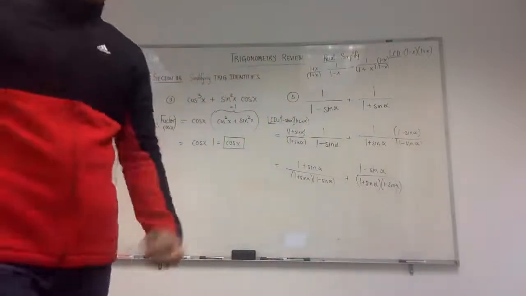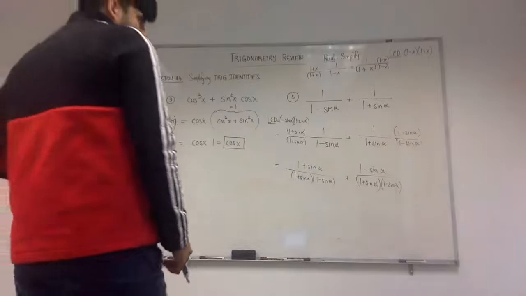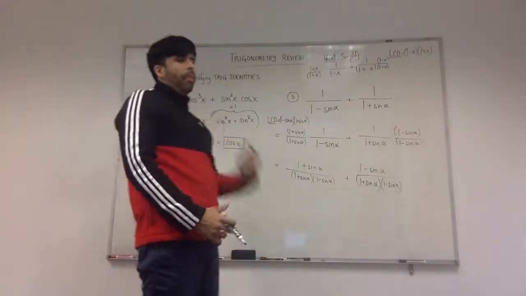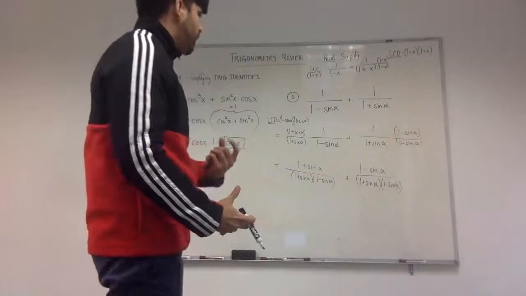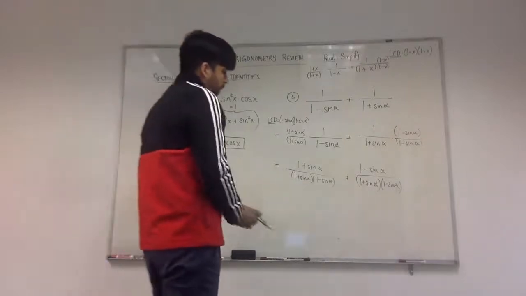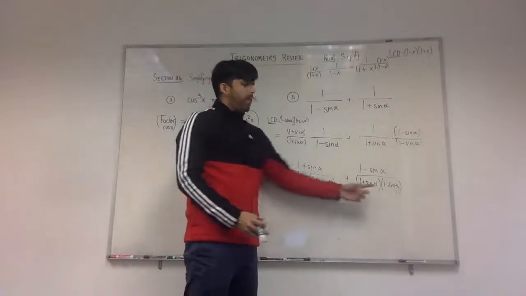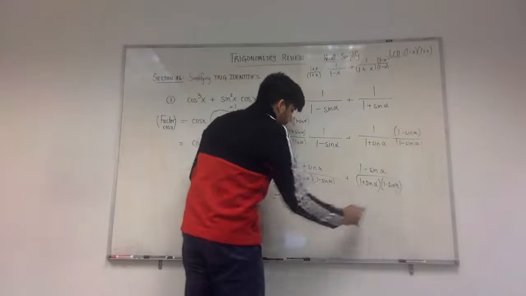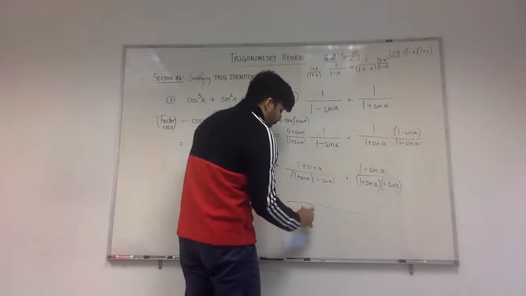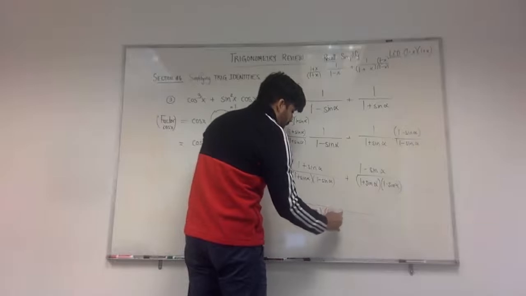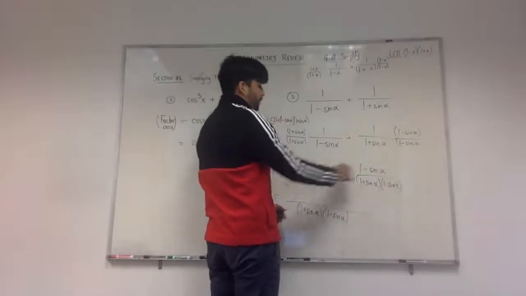Again, we need our algebra game to be on point. This is just algebra at this point. Two denominators, and they're both the same, and I'm adding them, so I can keep the denominator. All I have to do is add the numerators.